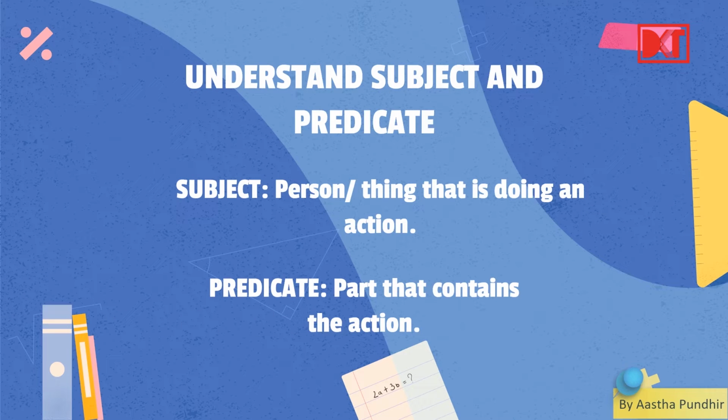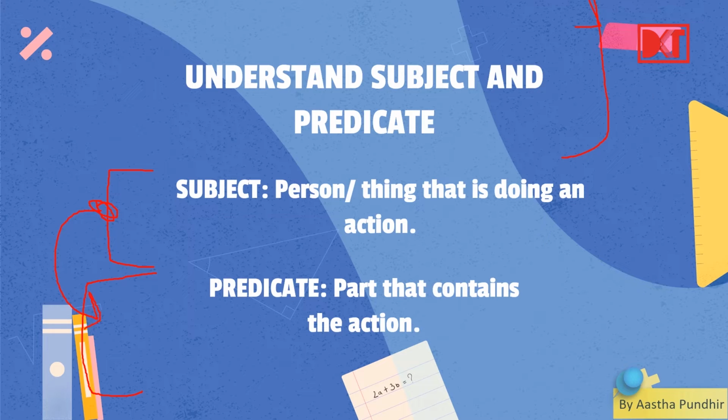Okay, so for solving the jumbled sentences, which I showed you in the previous slide, what you have to do is first understand the subject and predicate. Now, subject is what? Subject is the person or thing that is doing an action. And predicate is the part that contains the action. Which means subject is something or someone which is performing what?